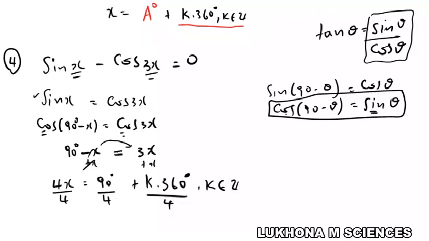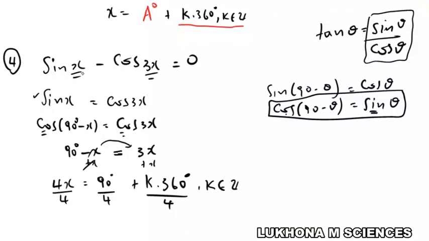Then let's use the calculator. 90 divided by 4 is equal to 22,5.